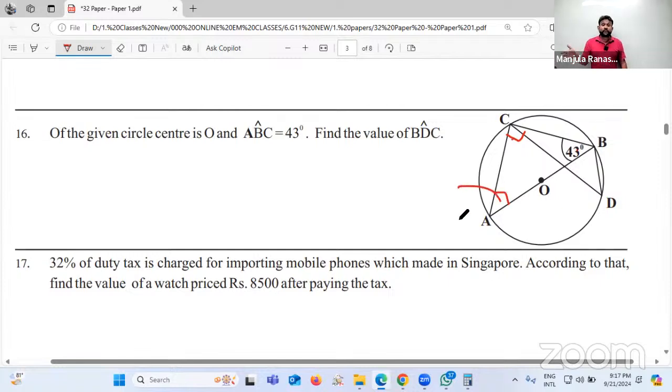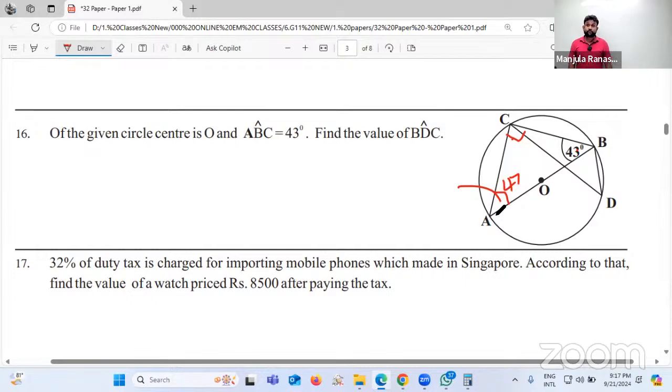All three add up to 180. Just add 90 plus 43 and check the answer, 133. Subtract it from 180. I am not writing the steps here, then this becomes 47. You can write these steps. So 90 plus 43 plus this angle A equals 180.